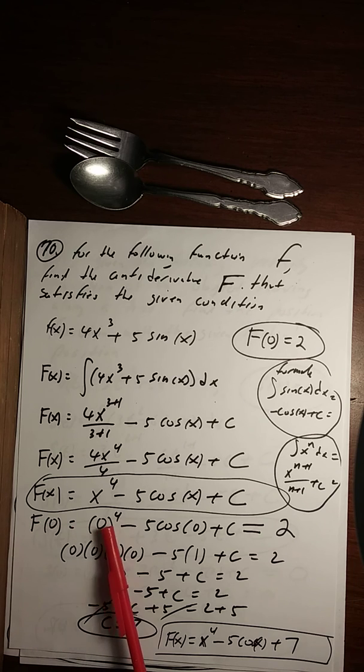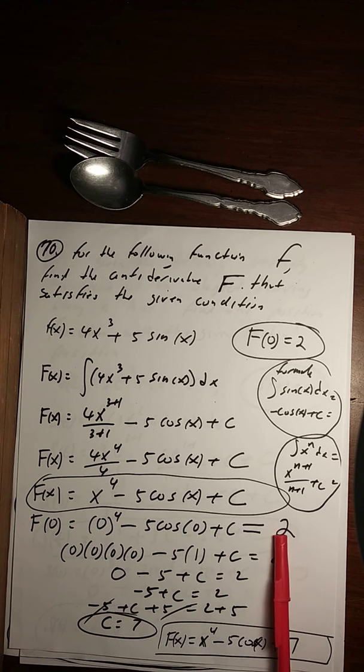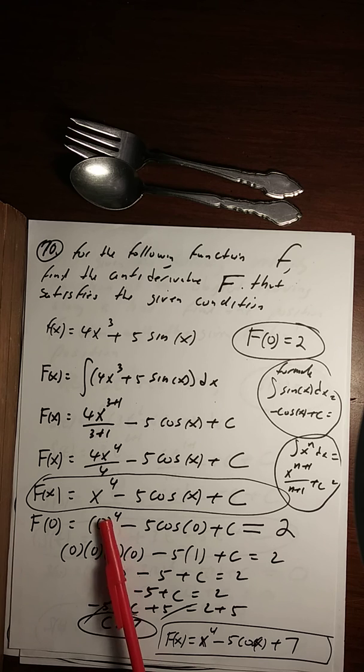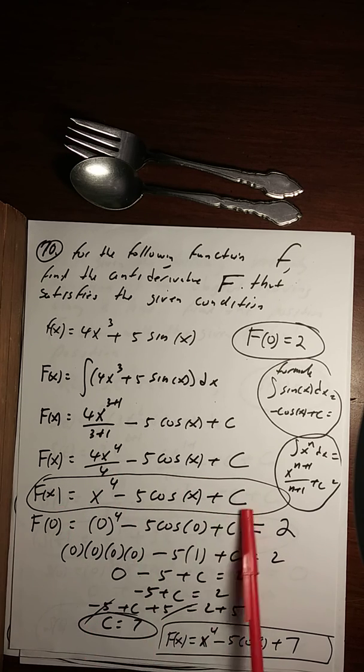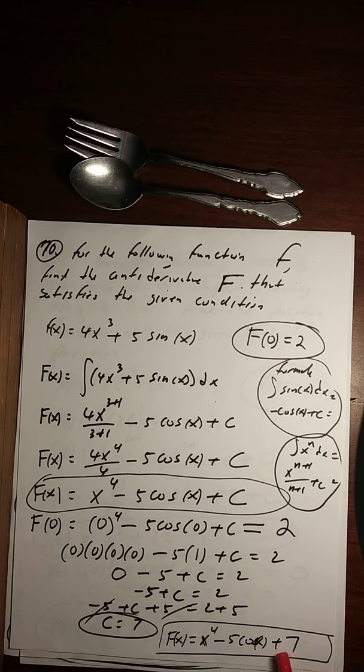Big F of 0 is 2, so 0 minus 5 plus c equals 2. Minus 5 plus c equals that, so 2 plus 5 is 7, so c is 7. So that means big F of x is x to the 4th minus 5 cosine of x plus 7.